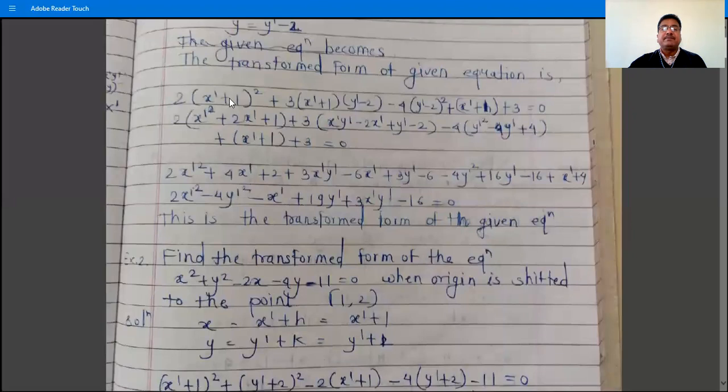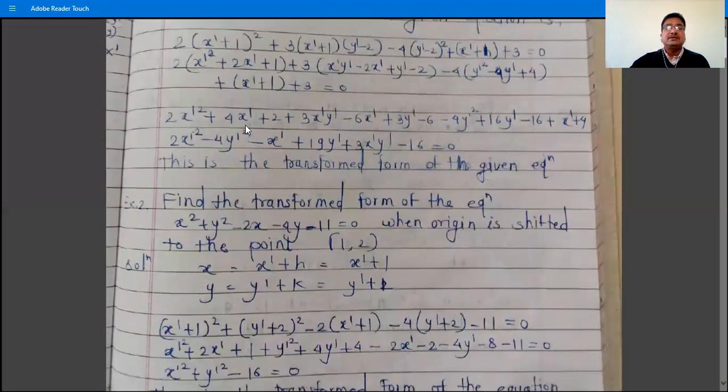And simplify, that is, find the square of this bracket and multiply these two brackets. The multiplication of these two brackets gives four terms: X'Y', then −2X' plus Y' and −2. Then the square of this bracket: Y'² − 4Y' + 4, then X' plus 1 as it is, plus 3 is equal to 0, and simplify.